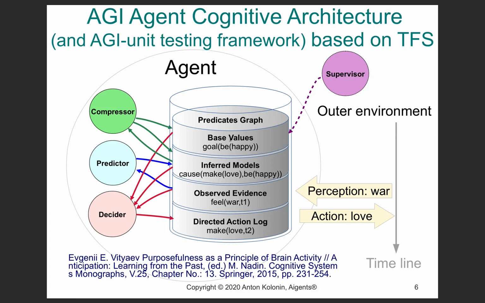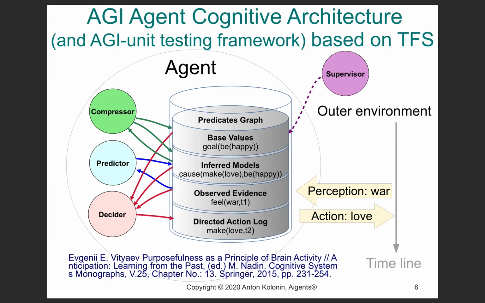And finally, there are some base values that may be hard-coded, or they may be given to us, and the goal of the agent is to have all these goals reached, or have all its base values satisfied and kept in a state where all values are kept true or kept reached.